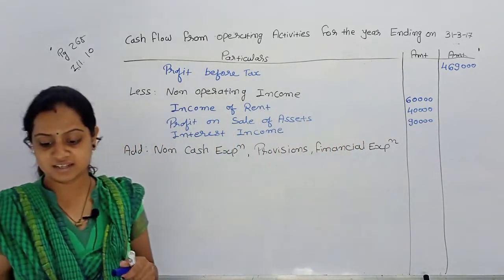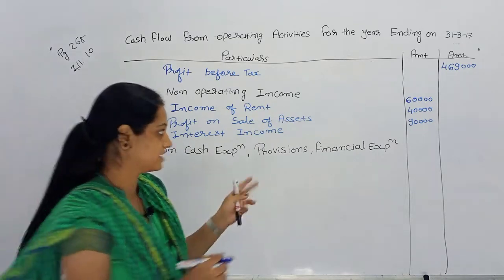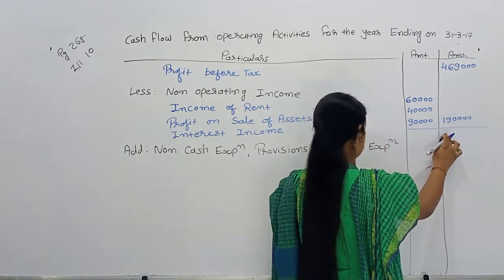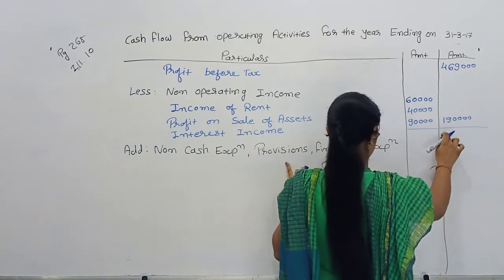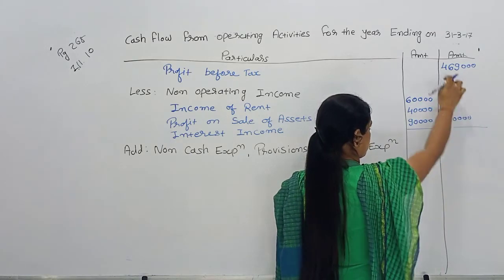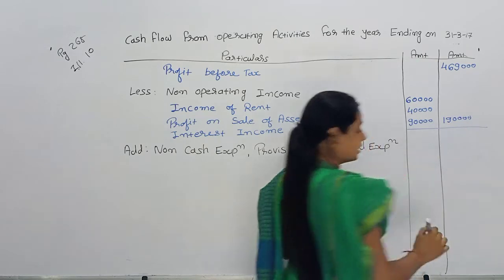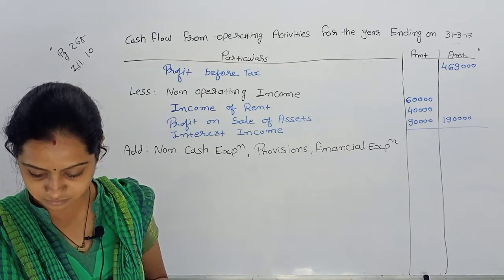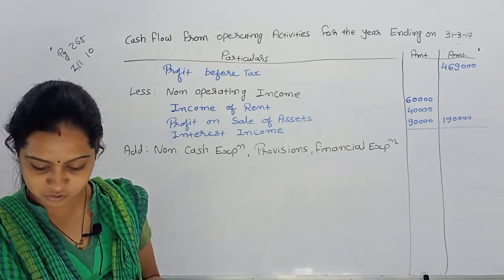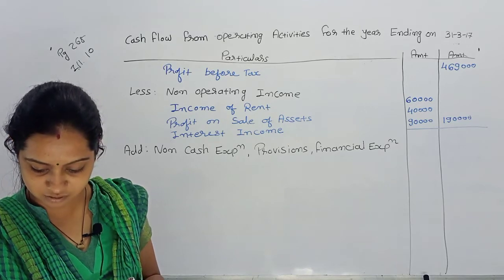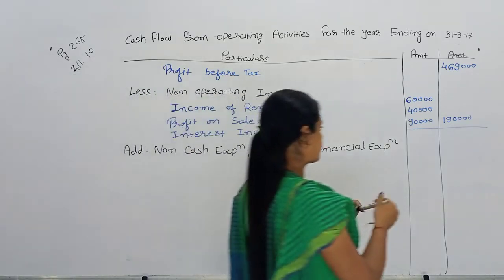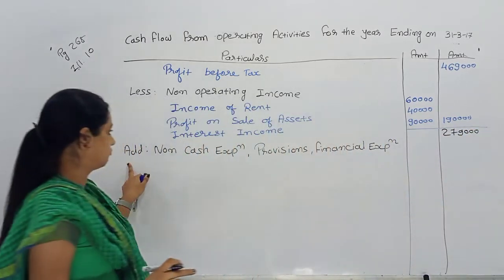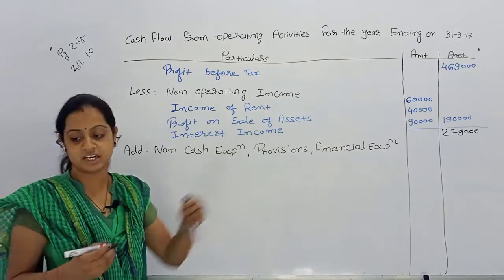Except this, next is expenses, so no more incomes, that's why I will do the total, that is 1,90,000. And in the next line I will minus 4,69,000 minus 1,90,000, right? Four lakh 69,000 minus 1,90,000, 2,79,000. Then in the next line we'll write non-cash expense, provision and financial expense.